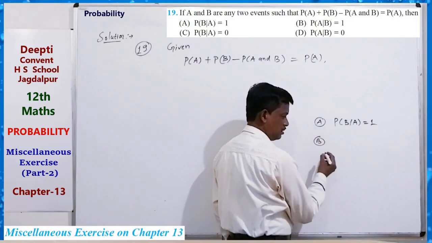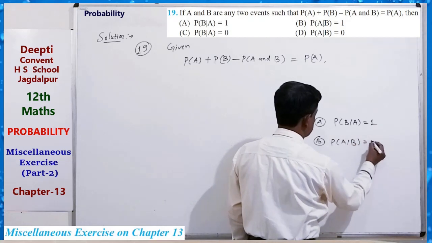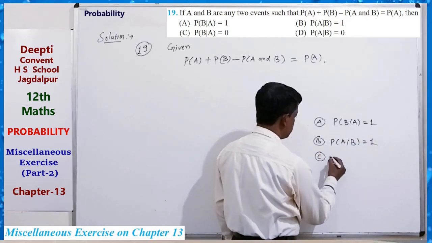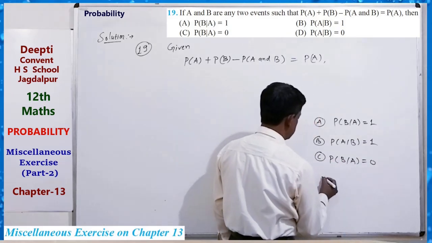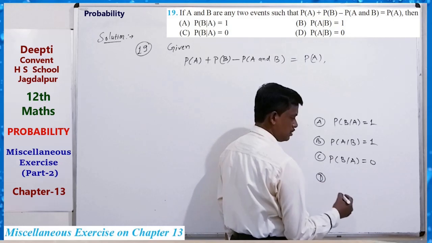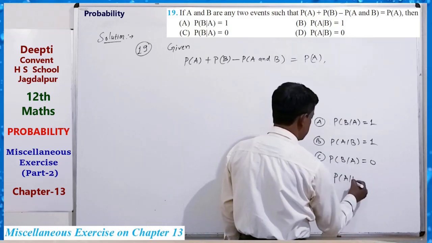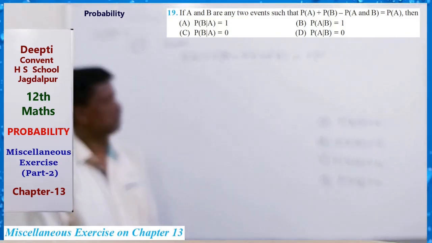B, P(A|B) equals 1. C, P(B|A) equals 0. And D, P(A|B) equals 0. Which of the options is correct? We have to see.